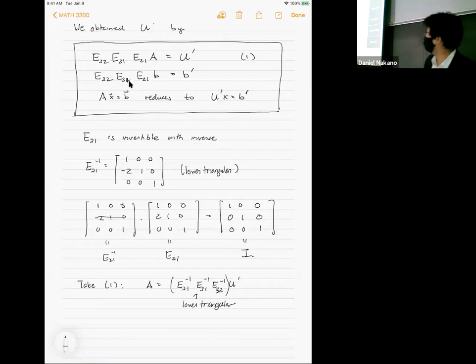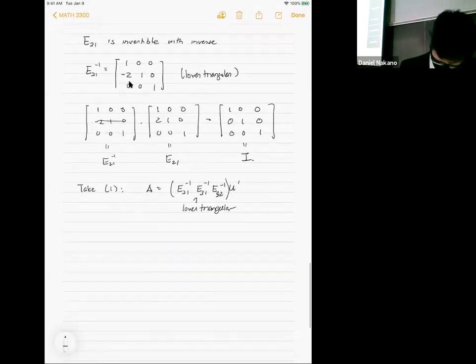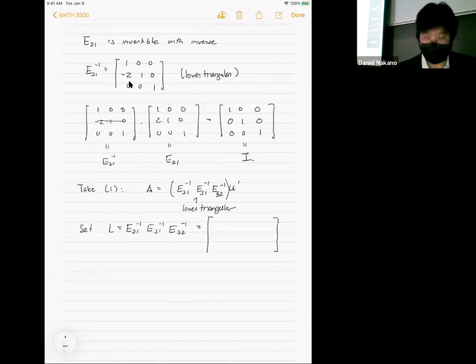Okay. All right. So set this lower triangular matrix to be E21 inverse, E31 inverse, E32 inverse. And there's a nice way to actually get the inverse for the product of these matrices.